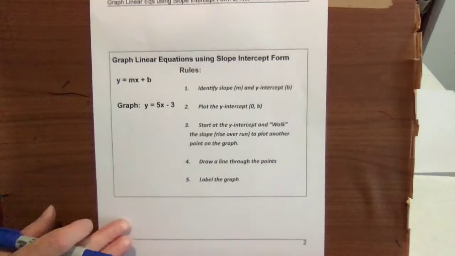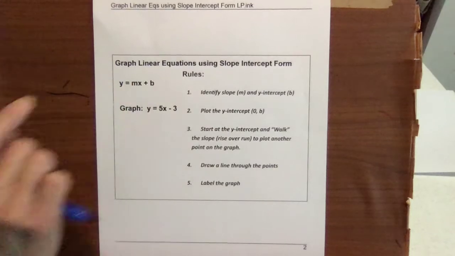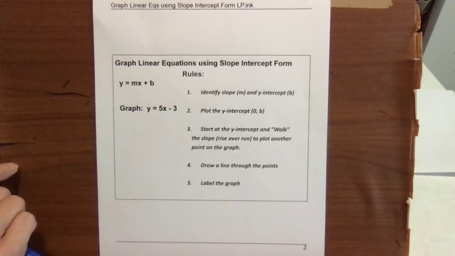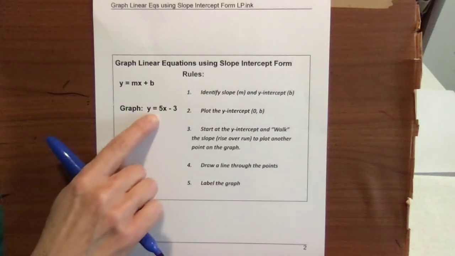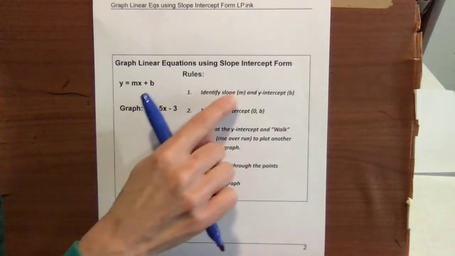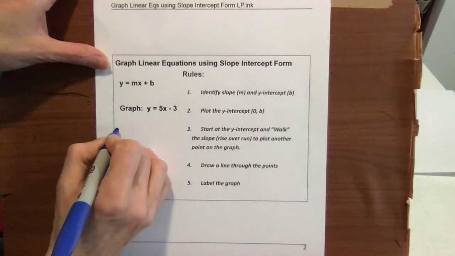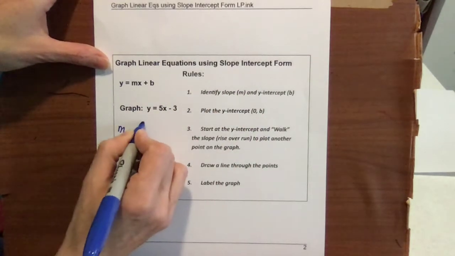All right, so here are our rules that you have, or snapshot them if you don't. y equals mx plus b is the slope-intercept form of a linear equation. We're going to graph y equals 5x minus 3. The first thing we want to do is identify the slope, which is m, and the y-intercept, which is b. So our slope in this case is 5.